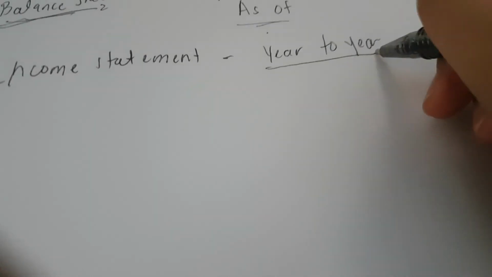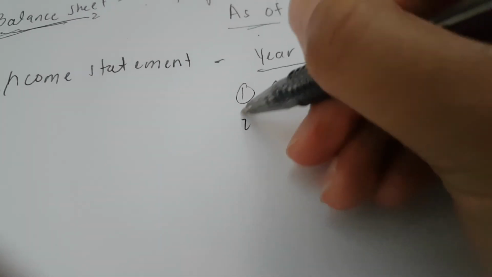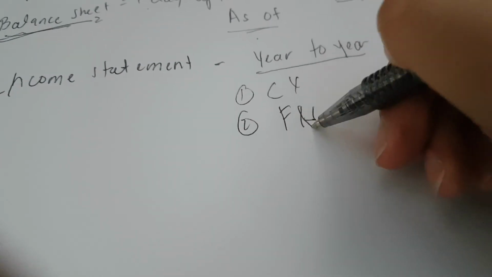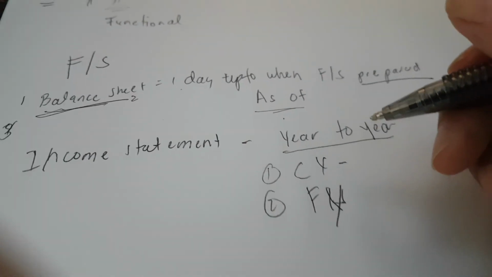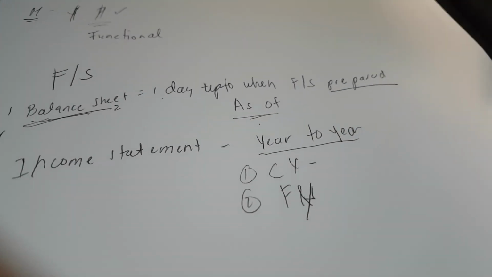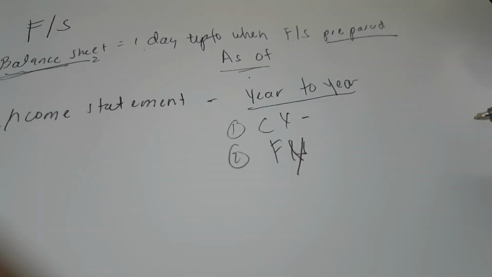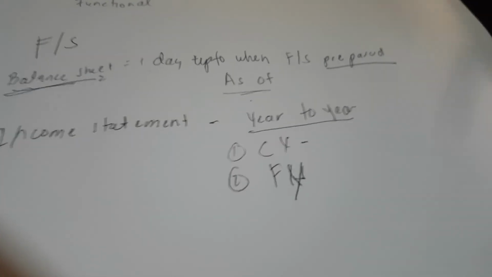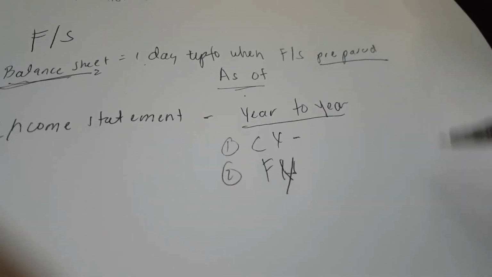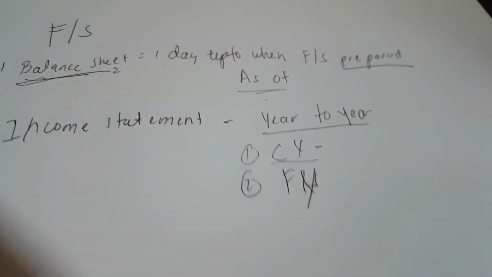In accounting, we have two kinds. Number one is the calendar year, and the other one is the fiscal year. Under the calendar year, it starts from January 1 and ends on December 31. A fiscal year starts any day of the year and ends after 12 months of that period. And normally, we use the calendar year.